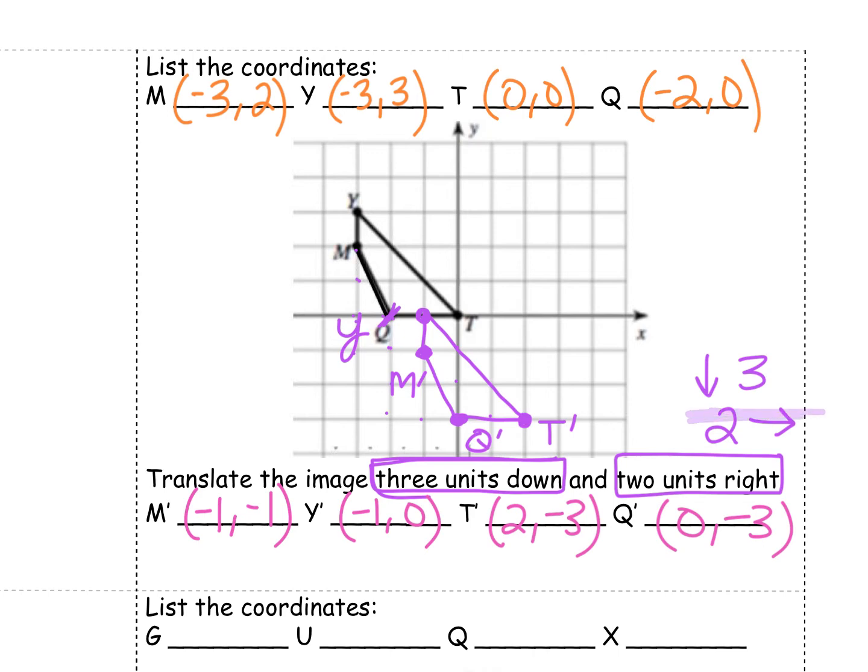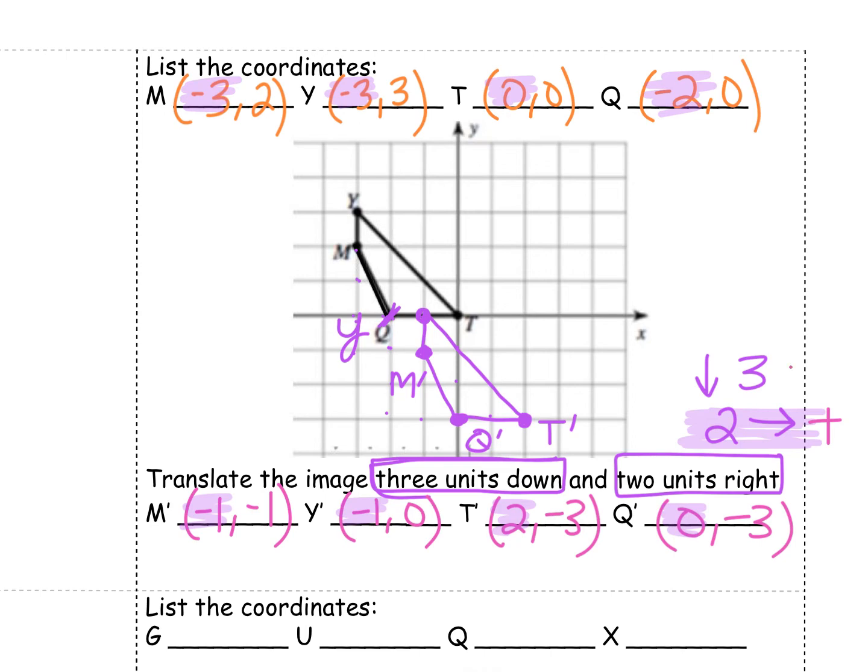My x value is left, right. I went right 2, so that's the same as adding 2 to each x. Negative 3 plus 2, negative 1. Negative 3 plus 2, negative 1. 0 plus 2 is 2. Negative 2 plus 2 is 0. So look at how my x's changed. And then make those same observations with my y's.